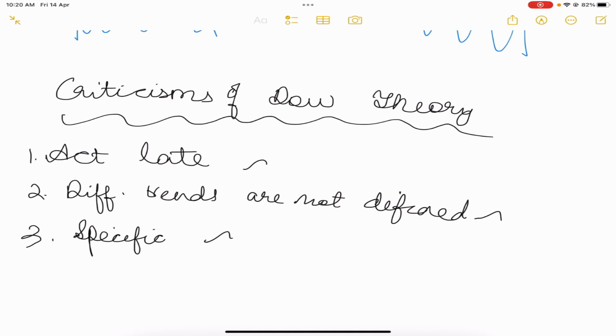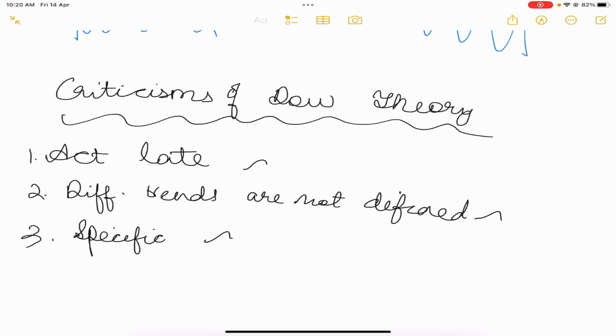Charles Dow, although never formalized the Dow theory, his work has formed the basis for modern day technical analysis. Despite the many changes that have occurred in the securities markets over the past century, much of Dow's basic work and ideas remain pertinent today as well.